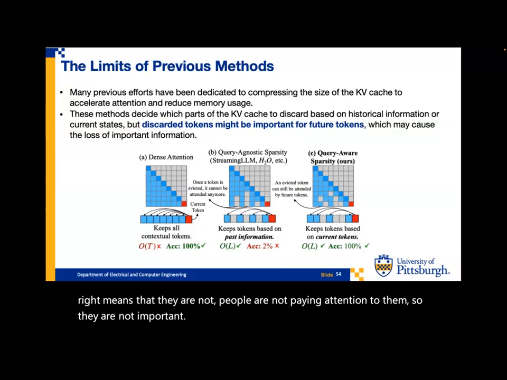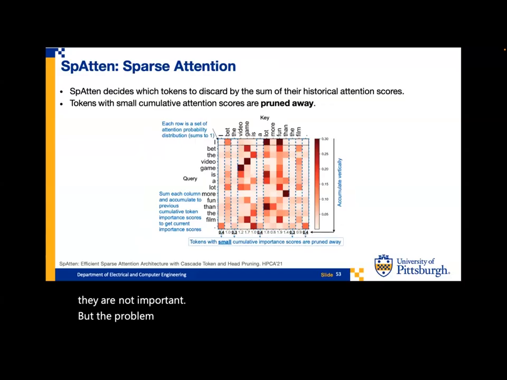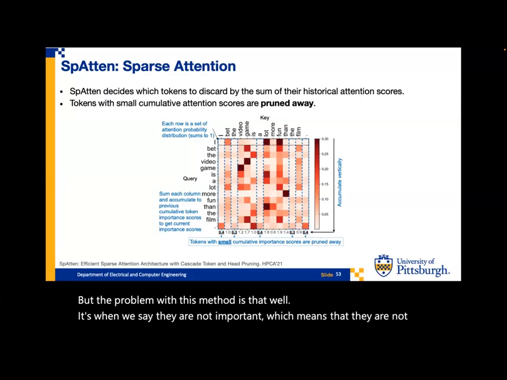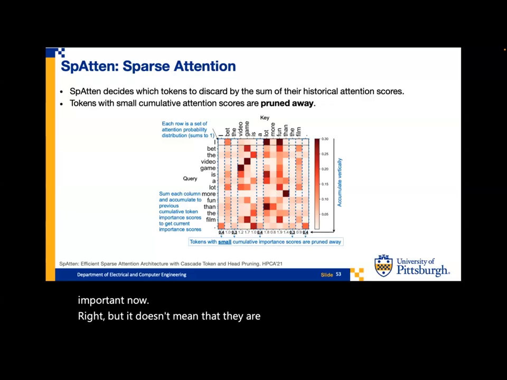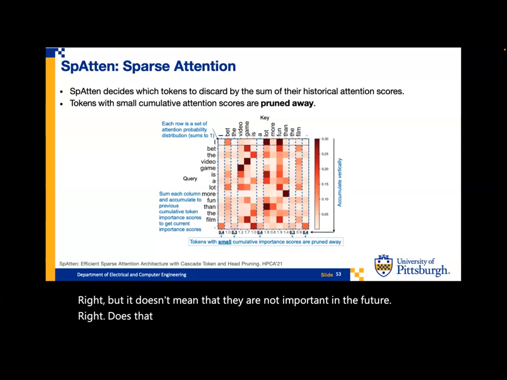But the problem with this method is that when we say they are not important, it means they are not important now, right? It doesn't mean that they are not important in the future. Does that make sense? So this history-based pruning method may not work the best.